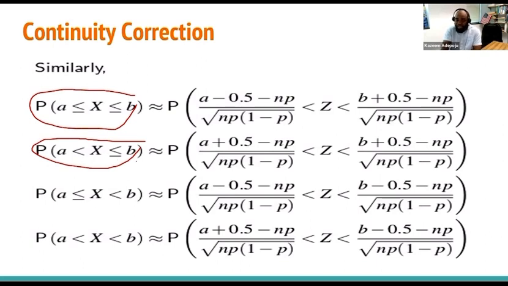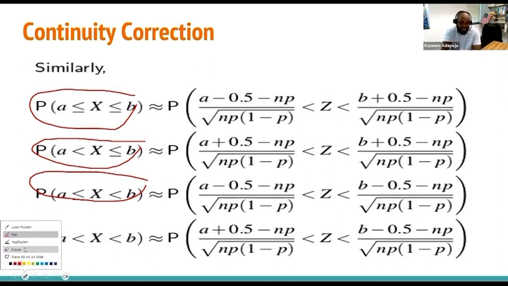Take a look at that. You add 0.5 to a and add 0.5 to b. But if it is closed at a and open at b, you subtract the 0.5. And if it is open at both, you add 0.5 to this one and subtract the 0.5 from the other.